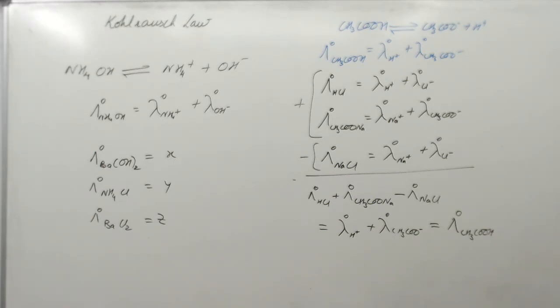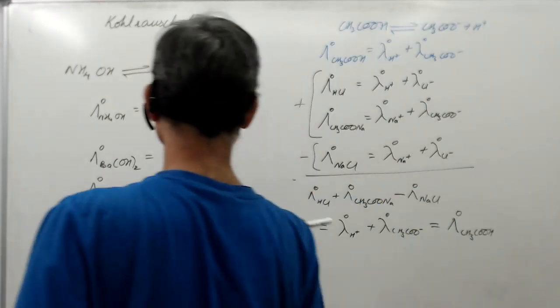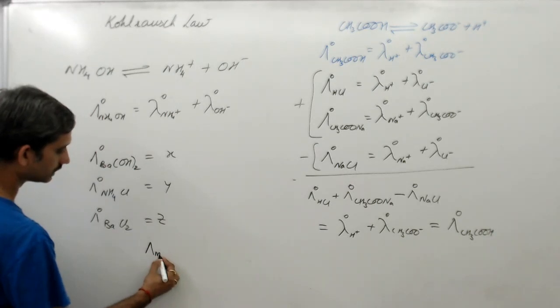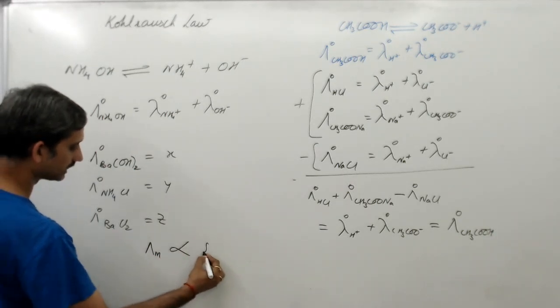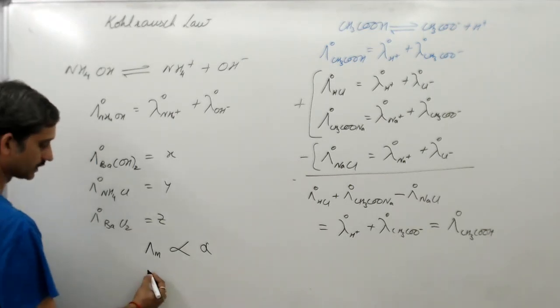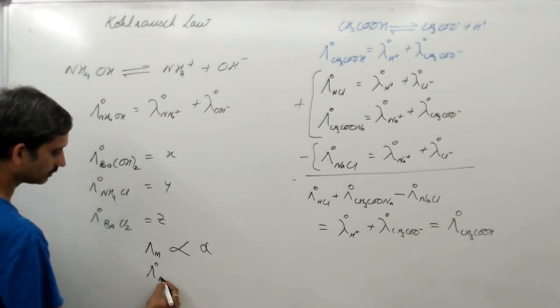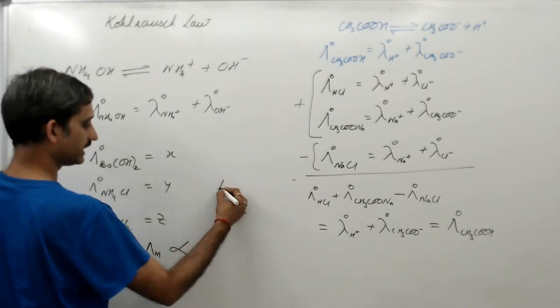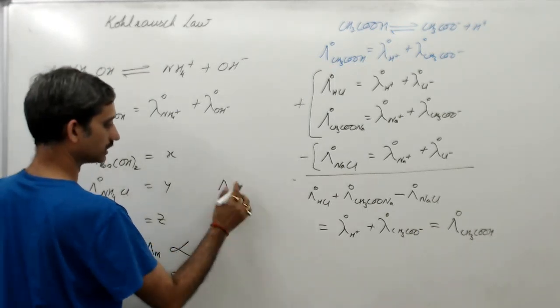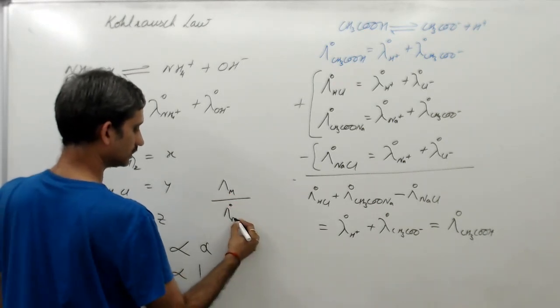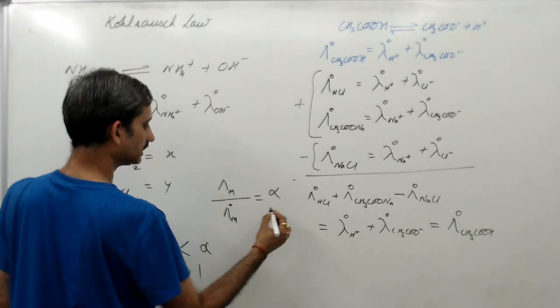ठीक है, अब एक और बात, बस एक छोटी सी बात, and we are going to finish the class, and that is lambda molar is proportional to alpha. Okay, while lambda naught molar is proportional to 1. So if I get lambda molar upon lambda naught molar, it would be equal to alpha.